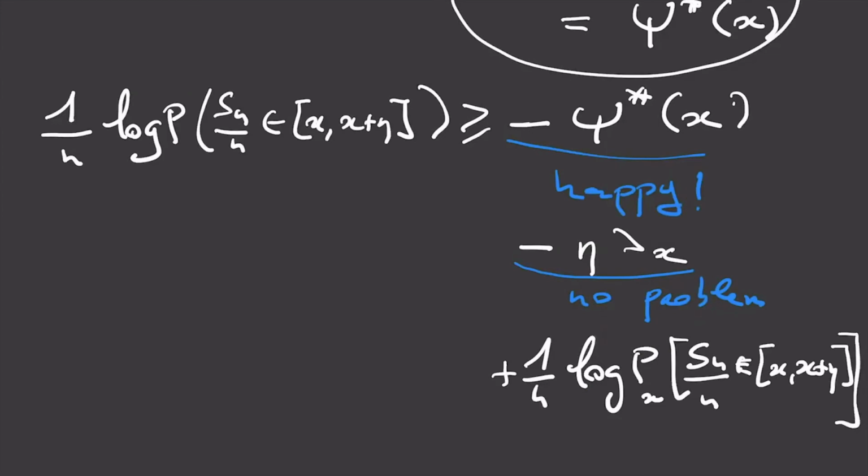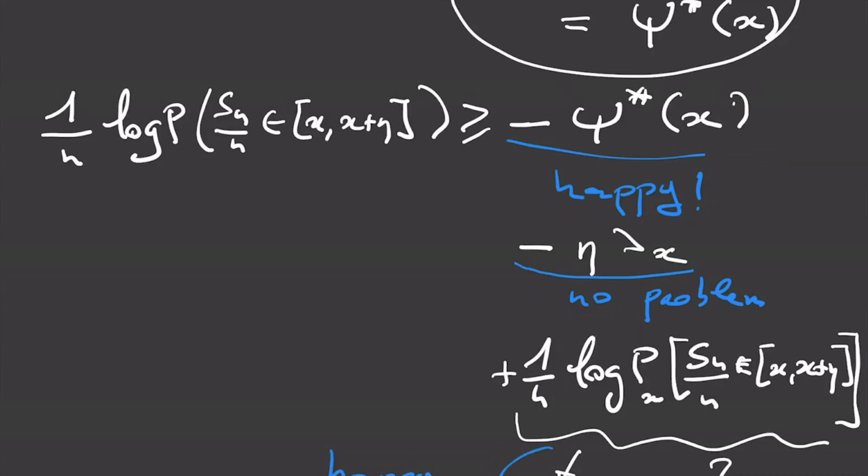And so we have to do something with this guy. If we can show that this tends to 0 as n goes to infinity, we shall be happy, and the proof will be finished.